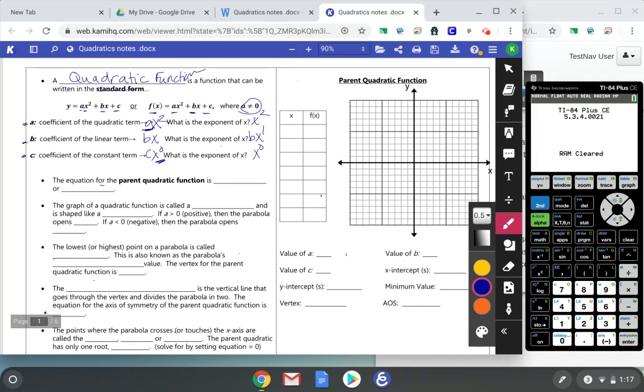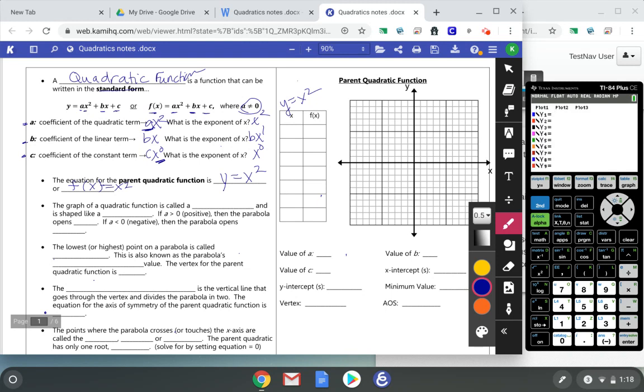All right, the equation for the parent function is y equals x squared, or if we wrote it in function notation, f of x equals x squared. All right, so before we get into talking about the different parts of a quadratic function, I do want to look at the graph of what y equals x squared would look like, okay?